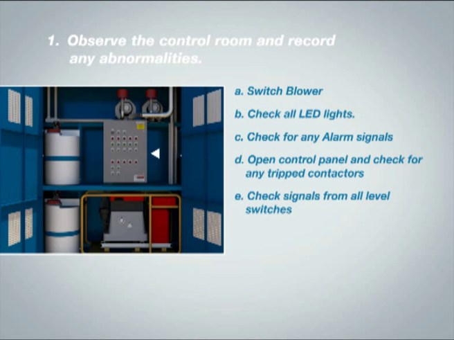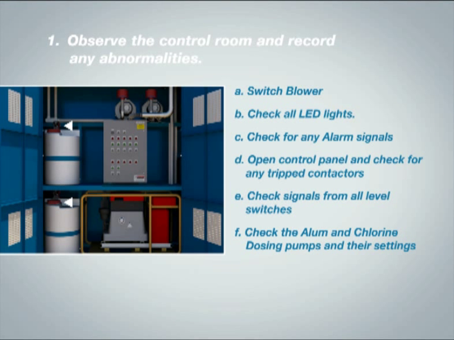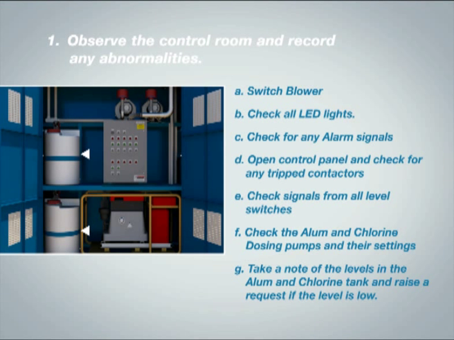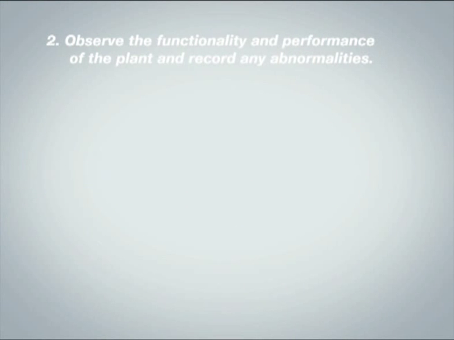E. Check signals from all level switches. F. Check the alum and chlorine dosing pumps and their settings. G. Take a note of the levels in the alum and chlorine tank and raise a request if the level is low.